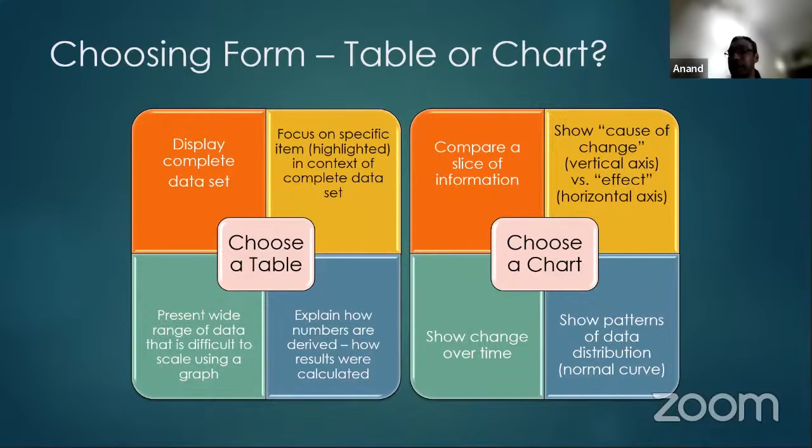I'm not saying Tamil Nadu did more sales than Karnataka, which did more than Maharashtra. I'm just saying Tamil Nadu hit 20 million in sales and Karnataka did 24 million. That's a tabular display. Or if you want to say, focus here, focus there, you can highlight a certain row, again for emphasis.